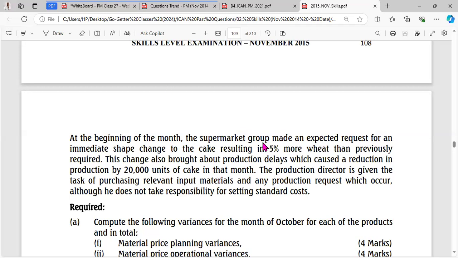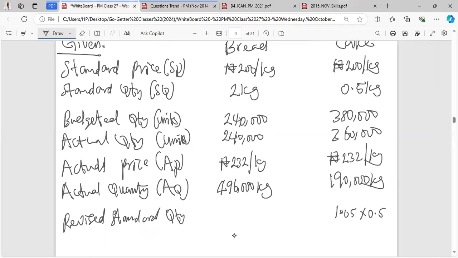So they didn't say anything about bread. So we'll just go here and repeat what we have for bread. Revised standard quantity will still remain 2 kg, meaning that there is no revision.